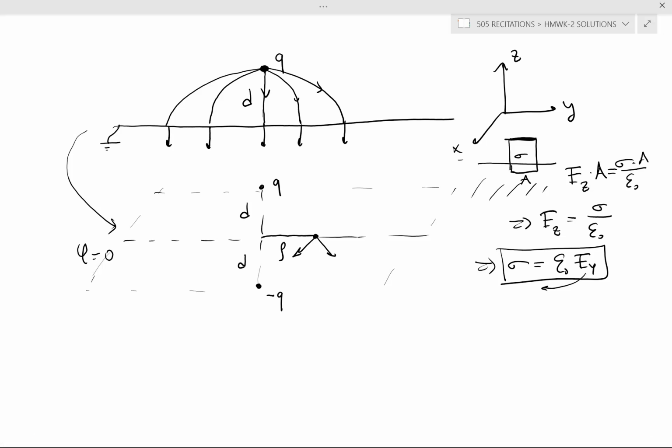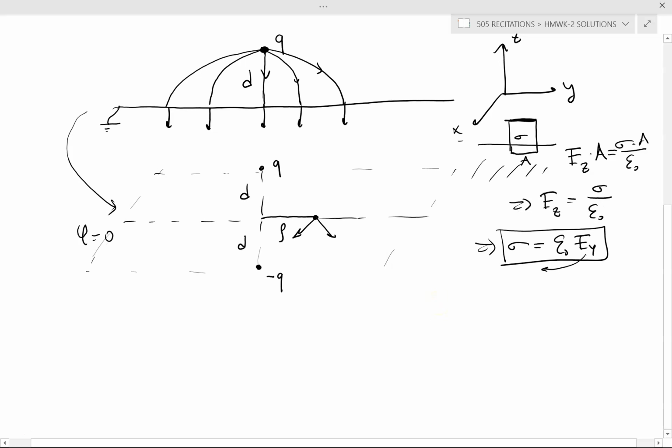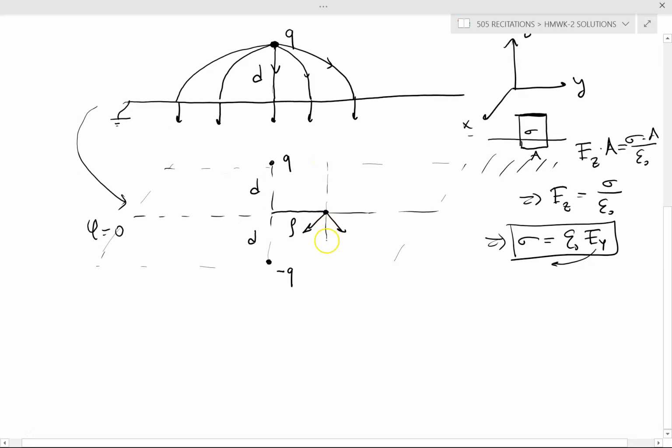There cannot be a tangential component of E field along the conductor surface. So that is what I need to calculate, and in fact the magnitudes of these two are equal to each other. So let me call this theta.